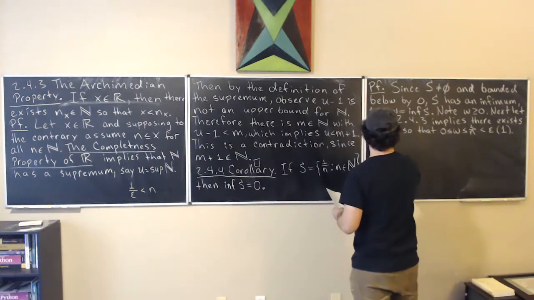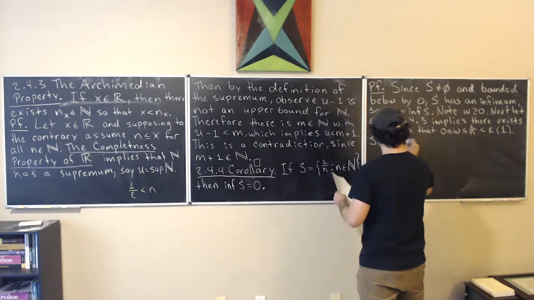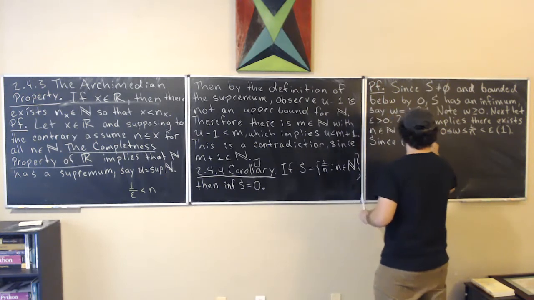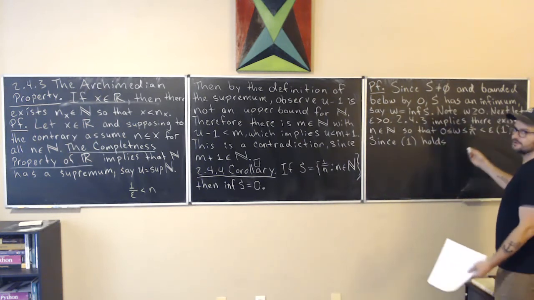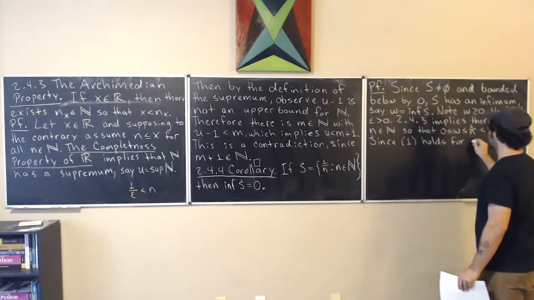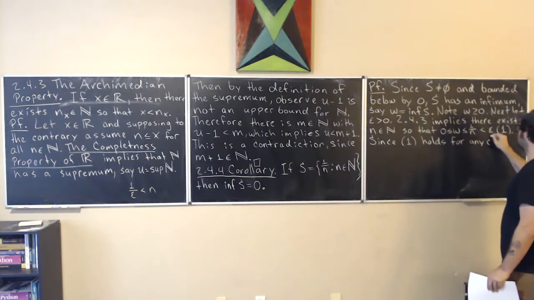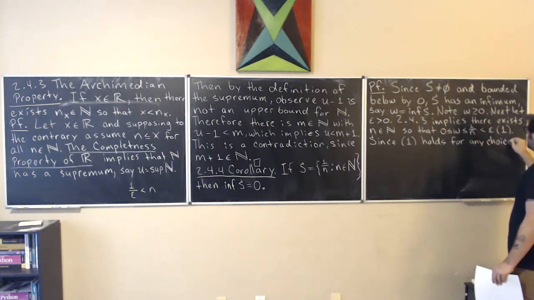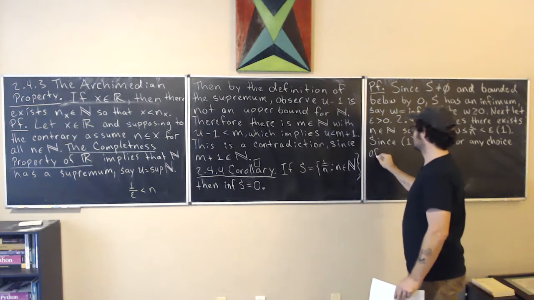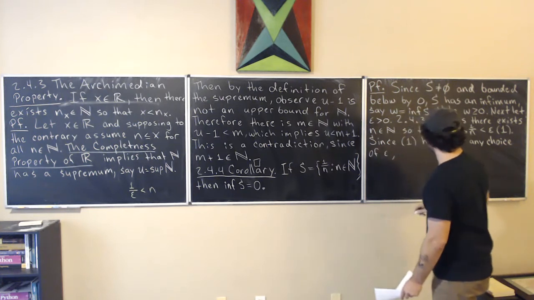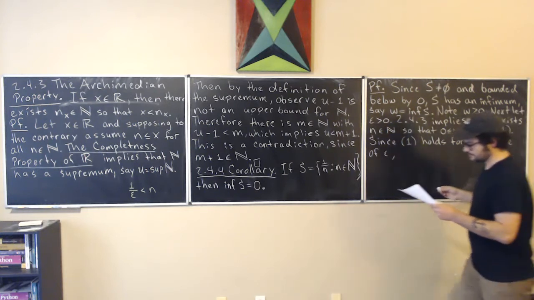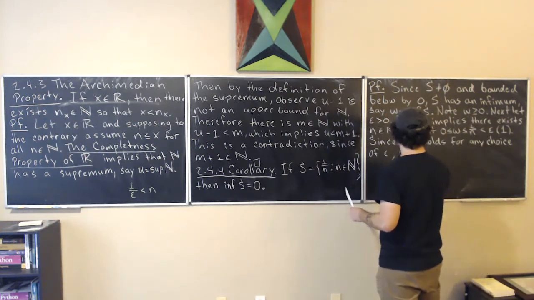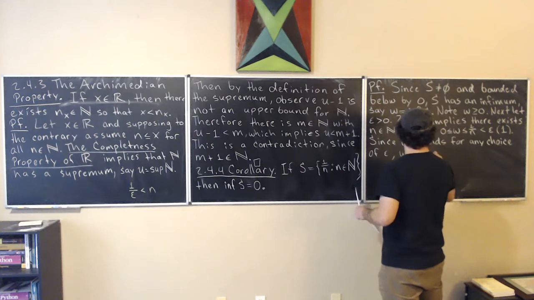So since inequality 1 holds for any choice of epsilon, we can conclude that W is equal to 0.